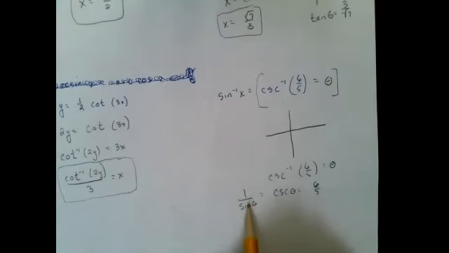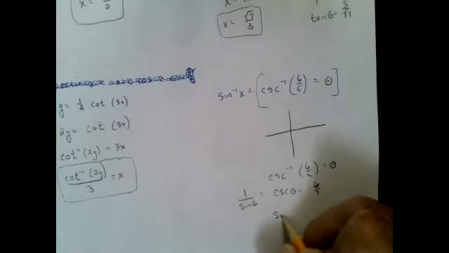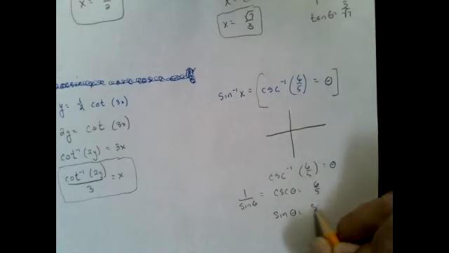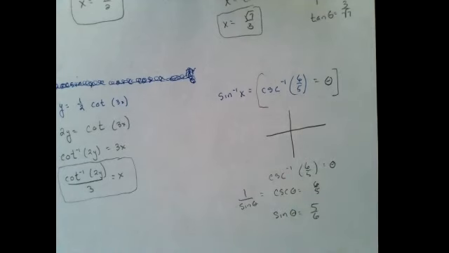So if I reciprocate this one, sine of theta equals 5/6. Is everybody okay with that? I sent the cosecant over. I know the cosecant is the same as 1/sine, so if I flip this, I flip this.